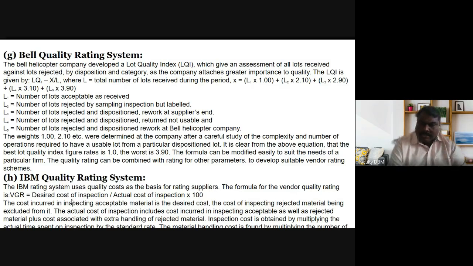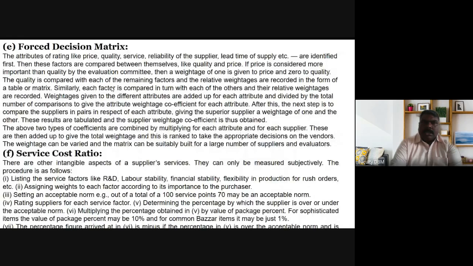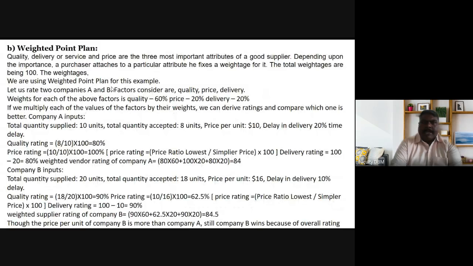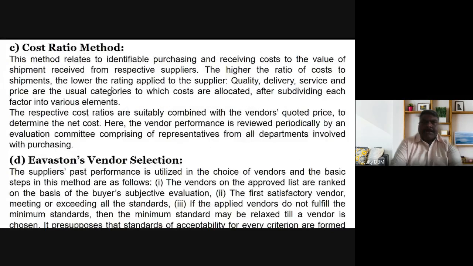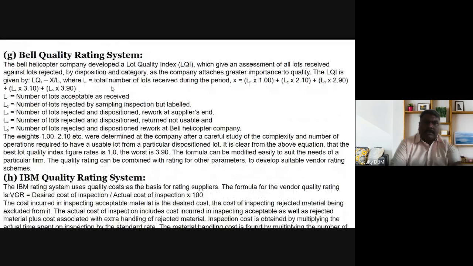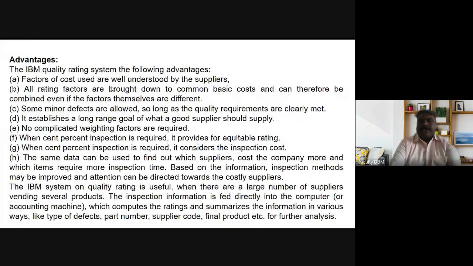So I think it may be confusing for you, but here mostly this depends on IBM, and this is about the helicopter company. They have resources. Commonly in India, people will be using the categorical plan and weighted plan for making the vendor rating. So these are other companies they are going to use.